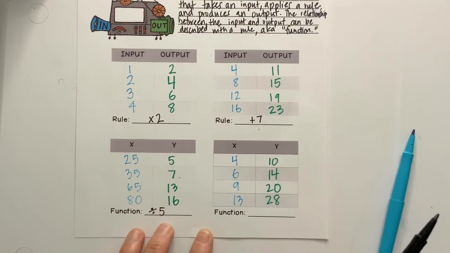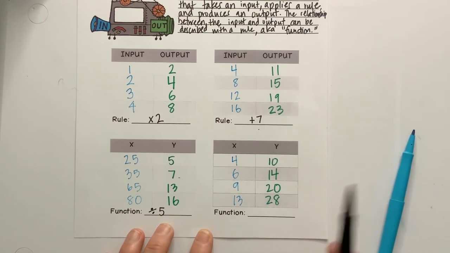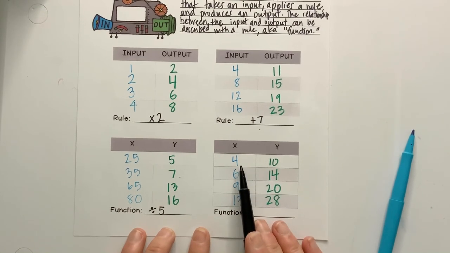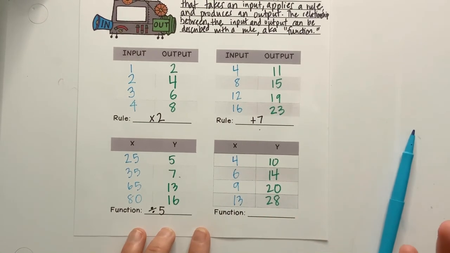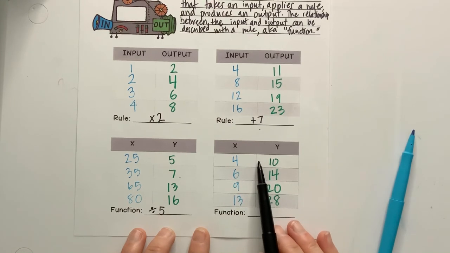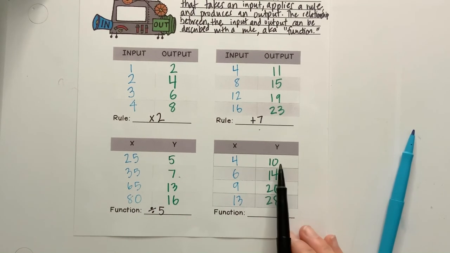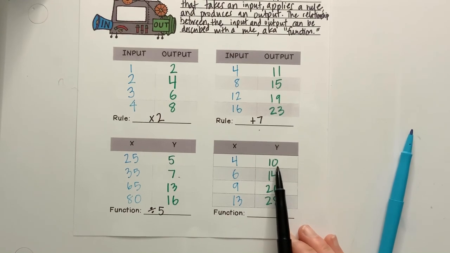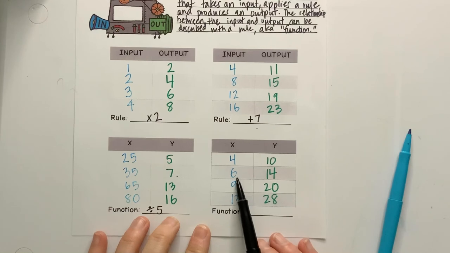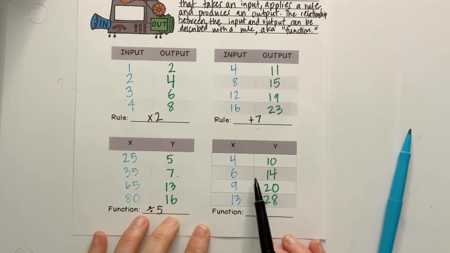So I'm going to start thinking of different combinations of things. So maybe it's a two-step rule. So what if I were to try times 2 plus something? So what about 4 times 2? Now I'm at 8. And how many more would I need to get to 10? Well, I would need 2 more. So what if the rule is times 2 plus 2? And then I would test it. 6 times 2 is 12, plus 2 more is 14.